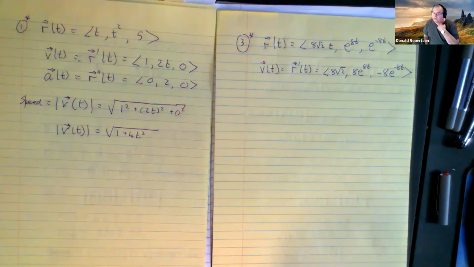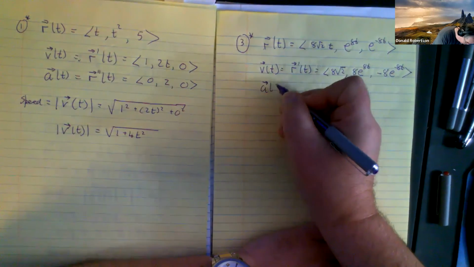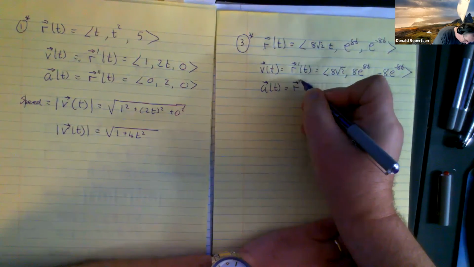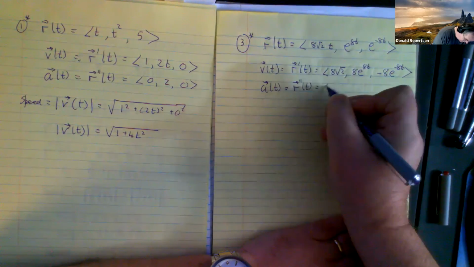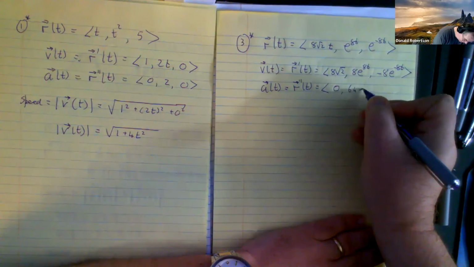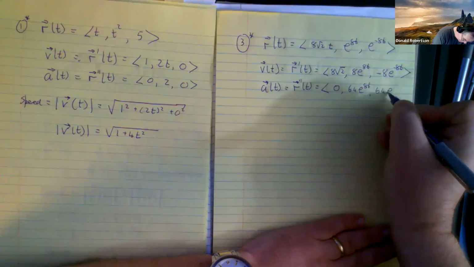You go with that for velocity? Pretty much plug and chug right now. If you want the acceleration, just find the second derivative. Derivative of a number is 0. This one gets you another 8. And this one gets you a 64.